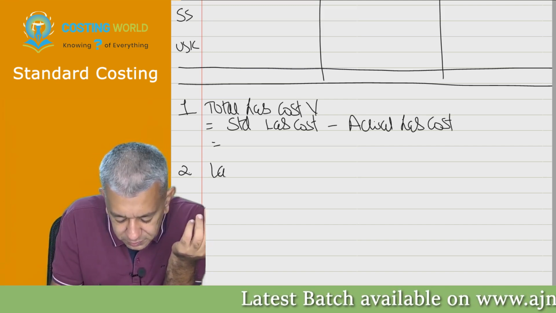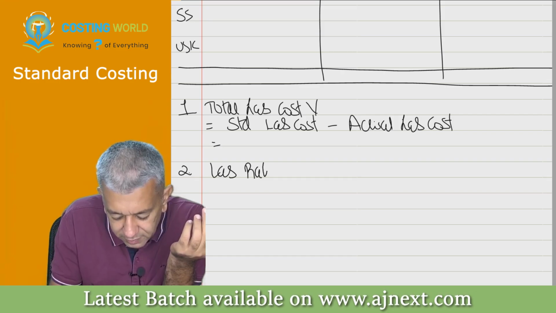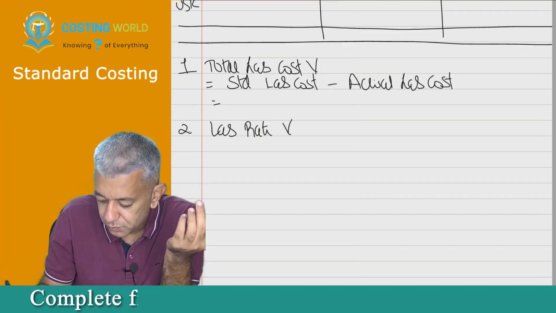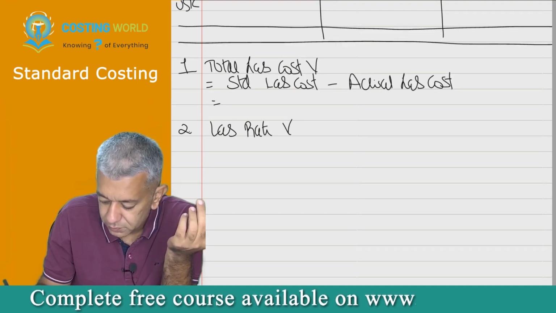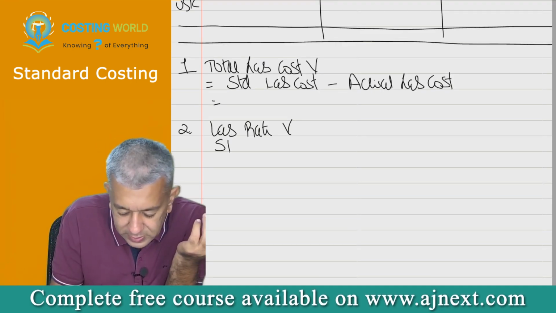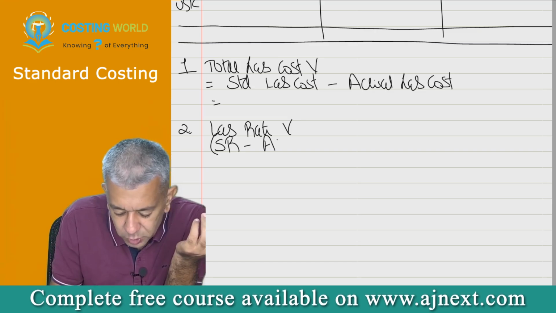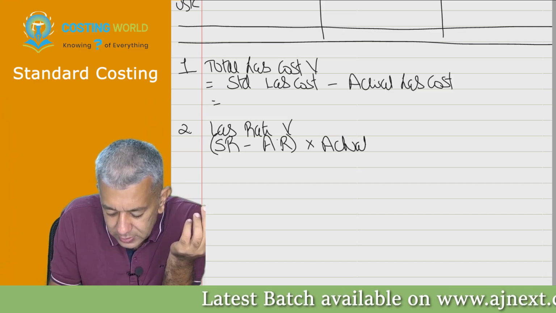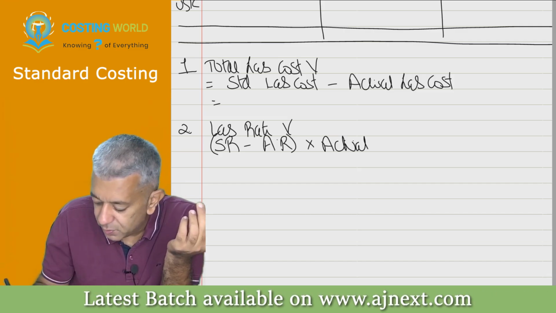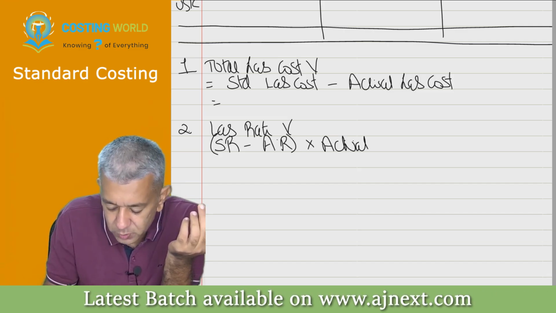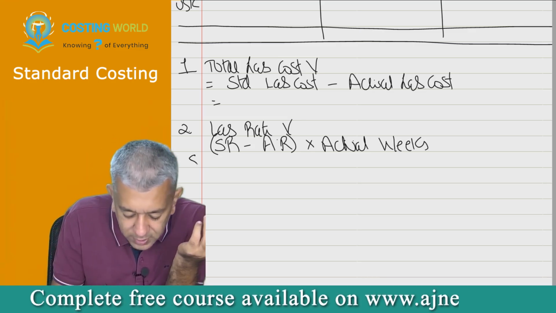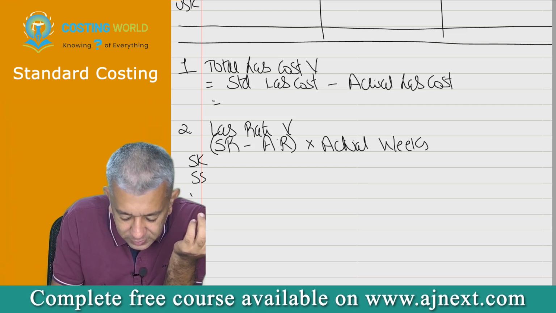Second, labor rate variance: standard rate minus actual rate, into, instead of actual hours, actual weeks. You will be computing that for skilled, semi-skilled, unskilled.